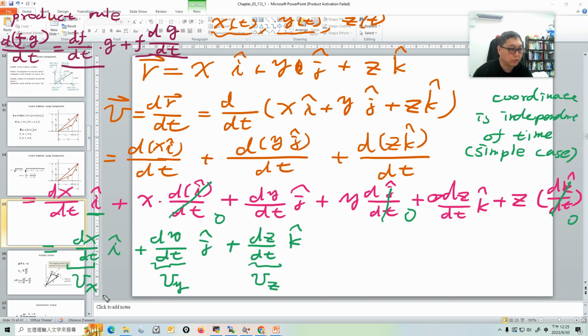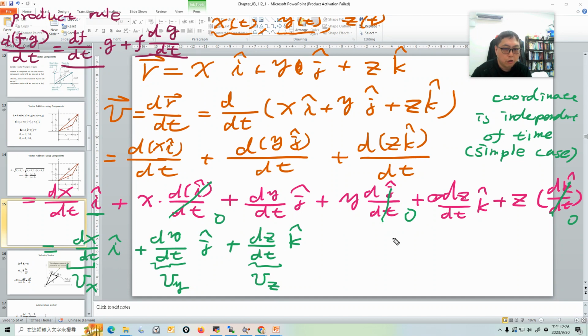If you are given the position vector and want to find the velocity in each direction, you only have to treat the x direction, y direction, and z direction separately. You don't have to put the whole problem together. You can deal with it component by component.